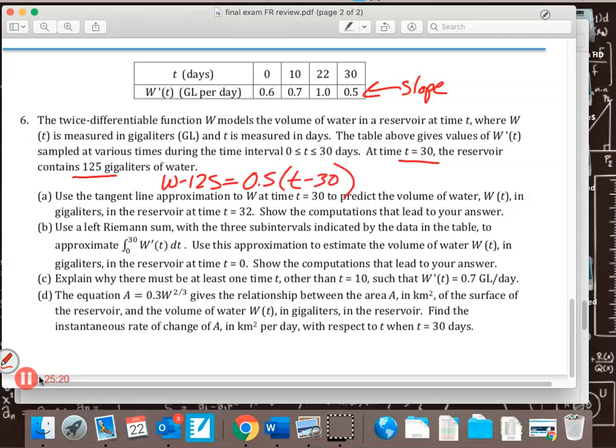And then to use it to approximate how much is there at T equals 32, you plug in a 32 for T. So you get W equals 32 minus 30 is 2, half of 2 is 1, so it would be 1 plus 125. I get 126. Did they ask for units? Nope. I would say gigaliters, but yeah, 126.